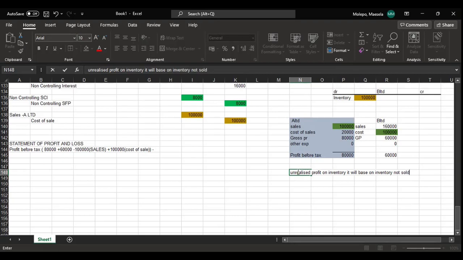So as far as it's the inventory sitting in our books, it means it was not sold, right? Right, sir. Okay. So how much was it? 30,000 in the books of B Limited. Remember, we said A is selling to B. So the unrealized profit will be in the inventory of B, not of A, because it means B didn't manage to sell that inventory to third parties. But if he managed to sell it to third parties, it's no longer unrealized profit. Instead, it's going to be called realized profit.